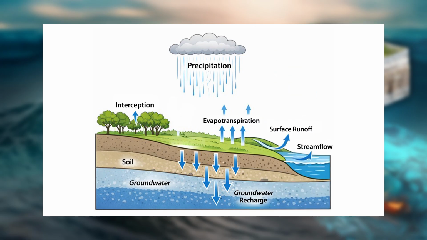Water that reaches the ground surface may follow several pathways. A significant fraction returns to the atmosphere via evaporation from the soil and transpiration from the vegetation, collectively contributing to the evapotranspiration losses. The remaining water infiltrates into the soil, replenishing the soil moisture storage and supporting plant growth.